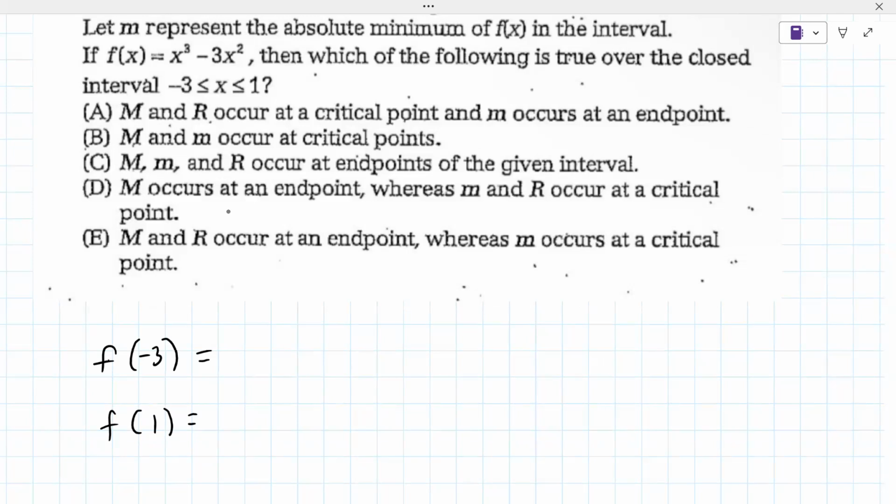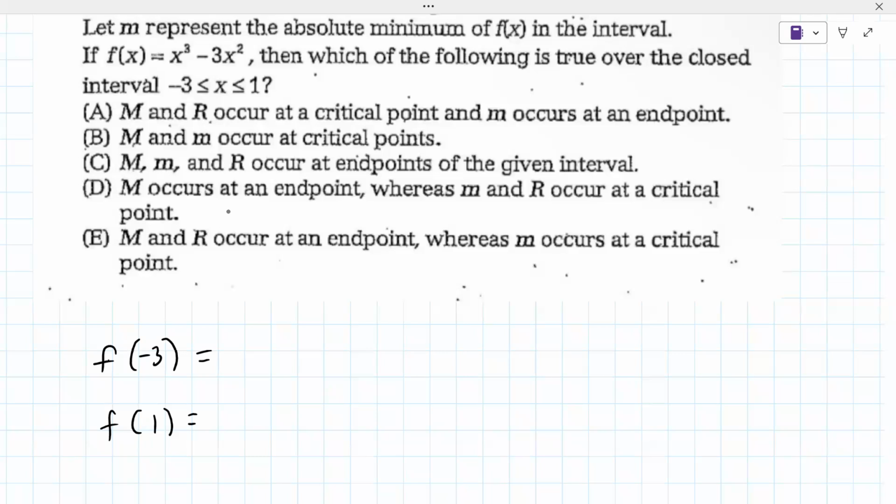Wait, so you want me to solve that out? Yeah. So f of -3 is -49.